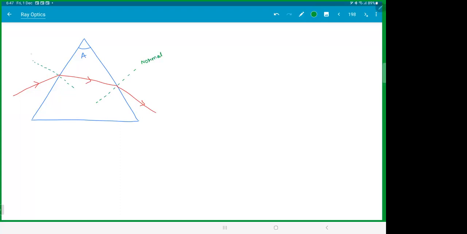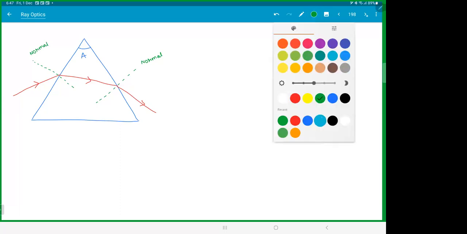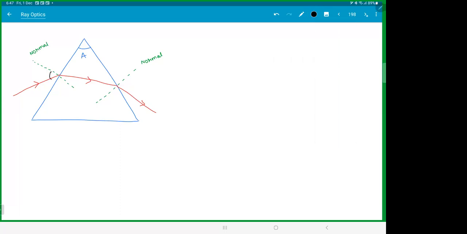These are the normals. This is your angle of incidence. This is R1. This is R2. E is the angle of emergence.